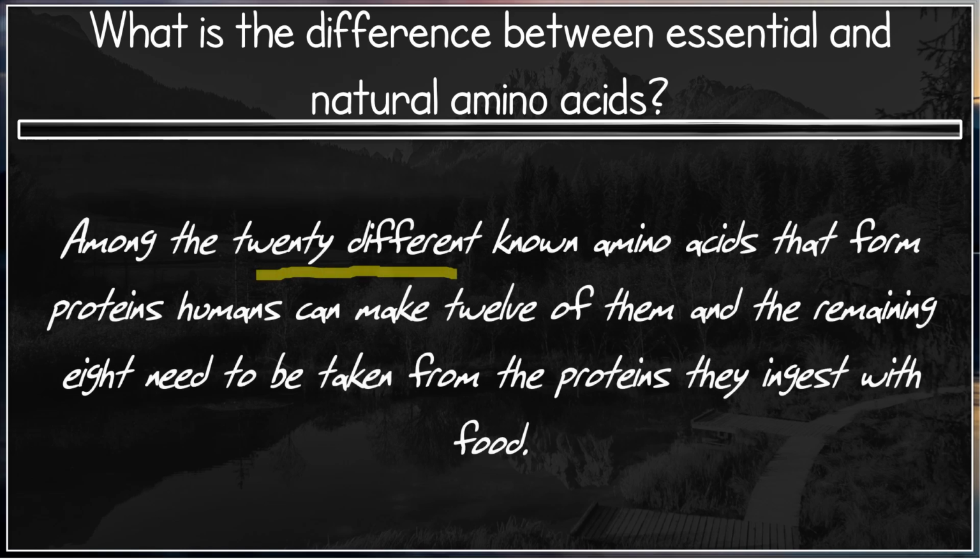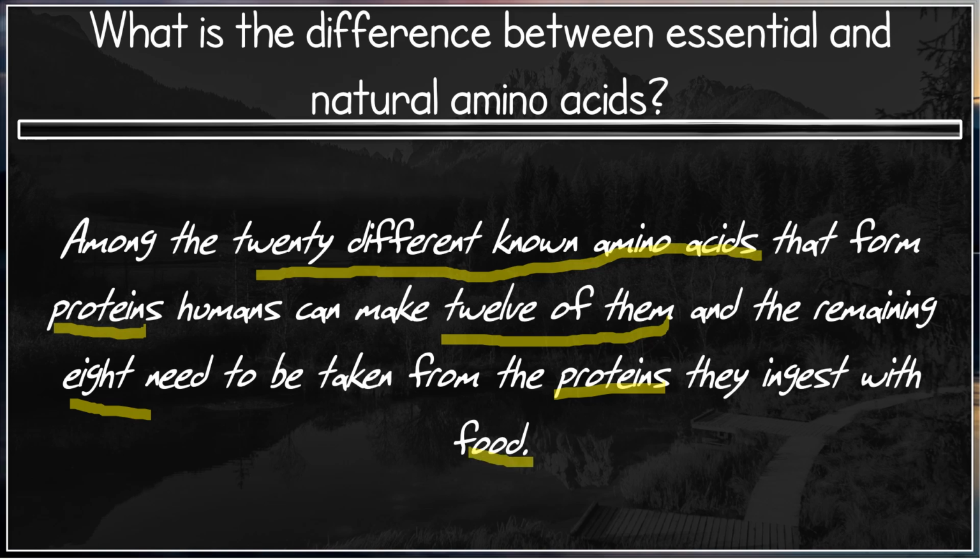Among the 20 different known amino acids that form proteins, humans can make 12 of them, and the remaining 8 need to be taken from the proteins they ingest with food.